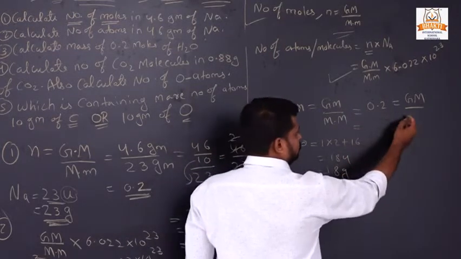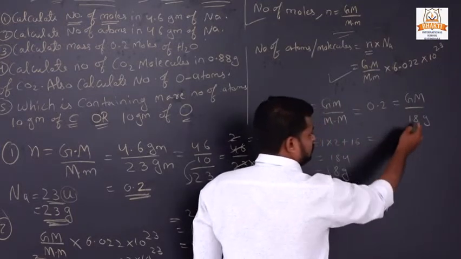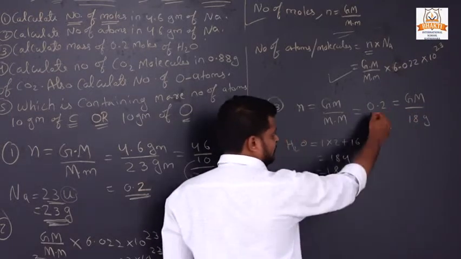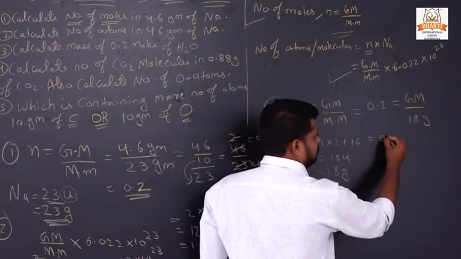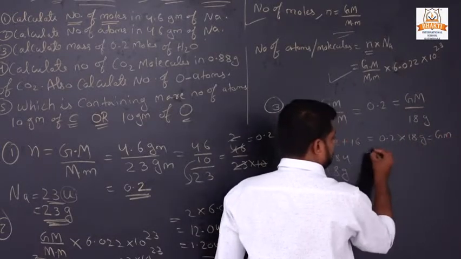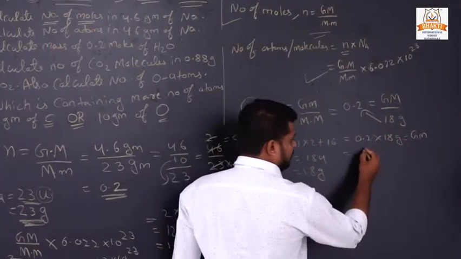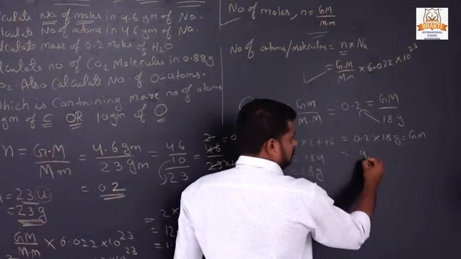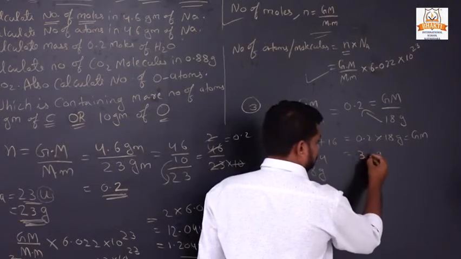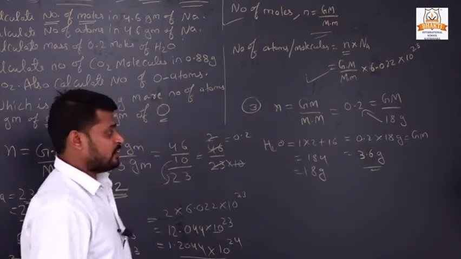When the denominator moves to the other side of the equals sign, it multiplies with that side's number. Given mass equals 18 multiplied with 0.2, which is 3.6 gram. So the given mass was 3.6 gram.